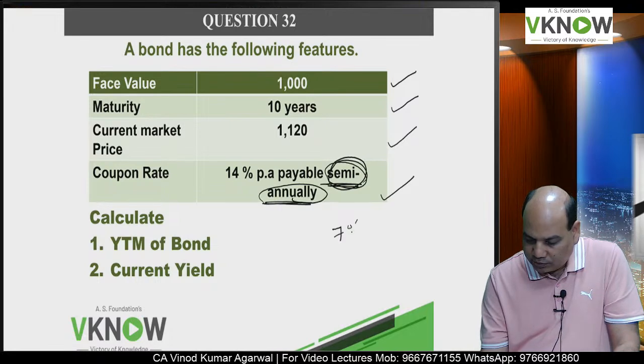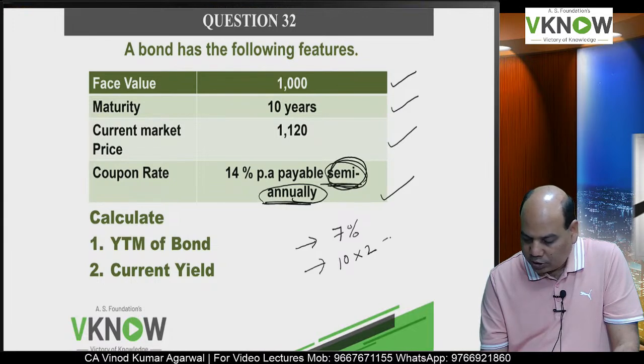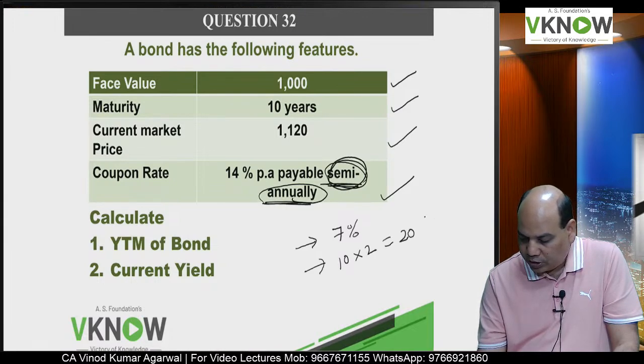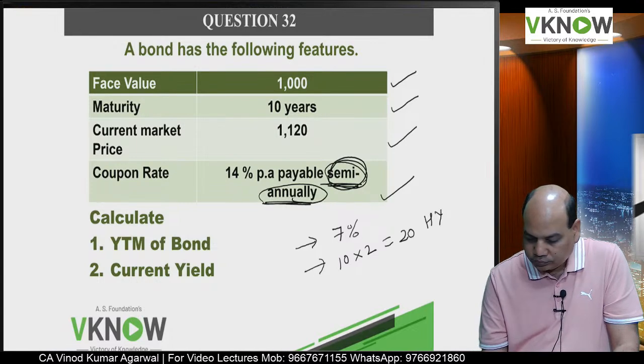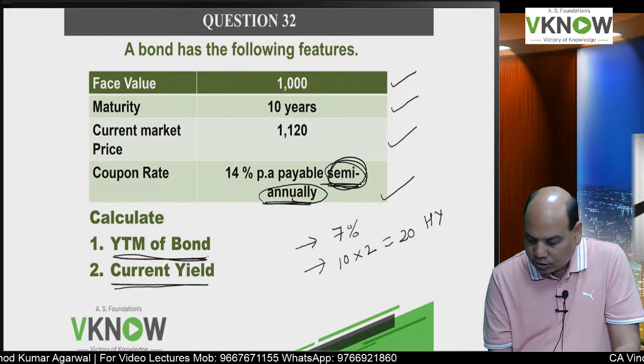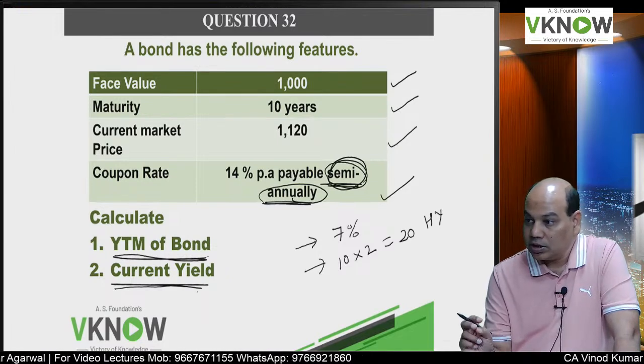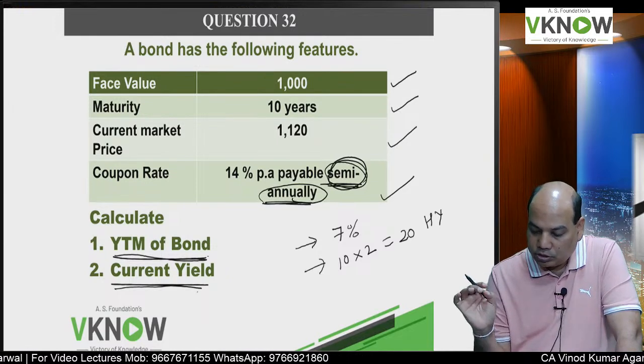So I will take 7% as coupon for 6 months, and maturity I will take 10 into 2, 20 half years. Question is, compute the YTM of the bond and also compute the current yield. Same problem, but this time it is a semi-annual bond.